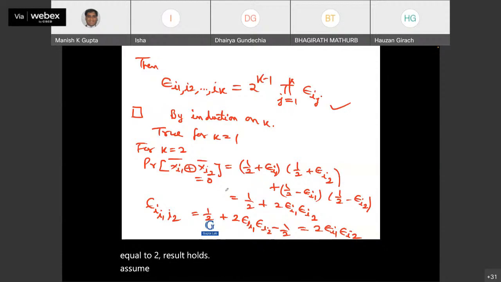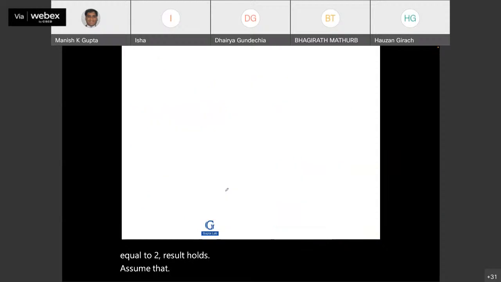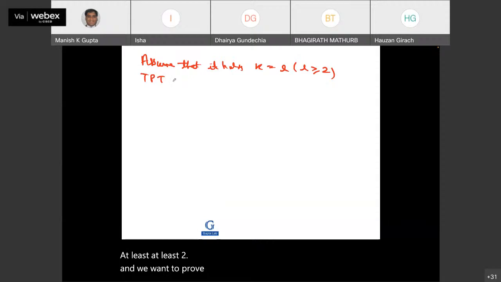Assume that it holds for k equal to L, where L is at least 2, and we want to prove that it is true for k equal to L plus 1.